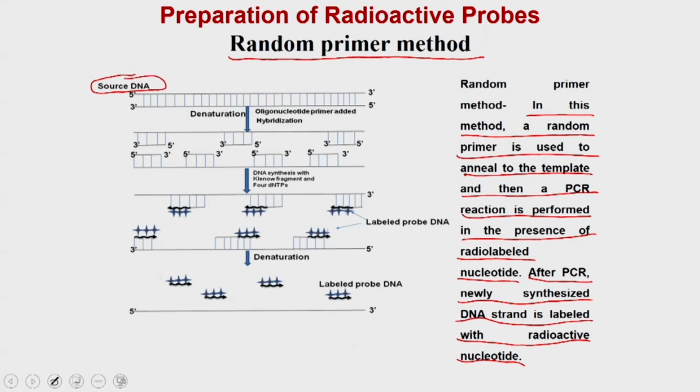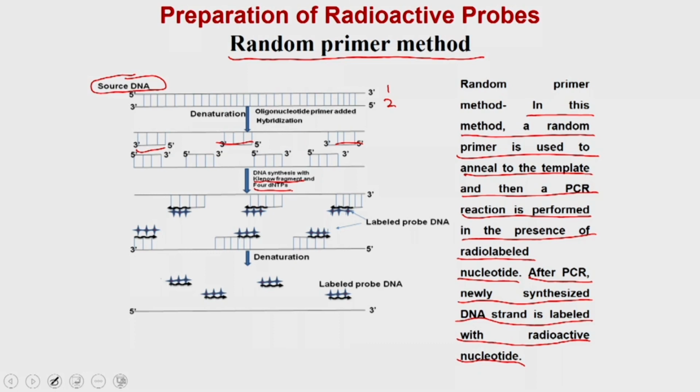Then you do the denaturation, which means you separate strand 1 and strand 2, and then you allow your random primer to be added. The random primer is going to attach at multiple places, and then you will add the Klenow fragment and all the nucleotides, and you can add the radioactive nucleotide into the mixture.